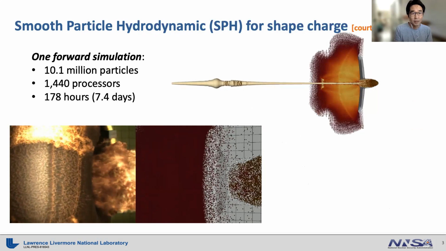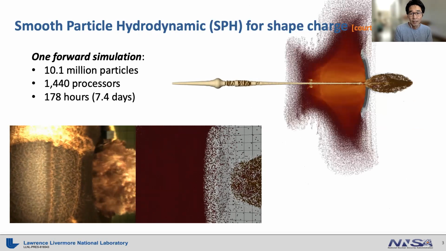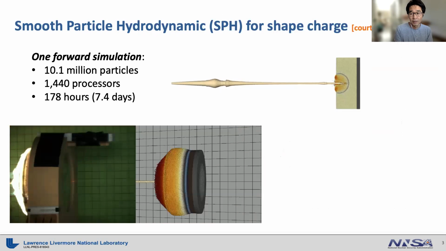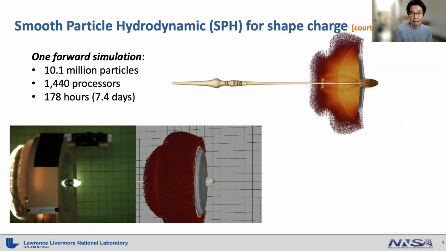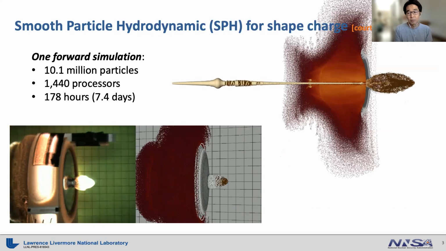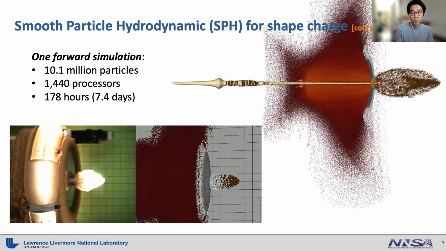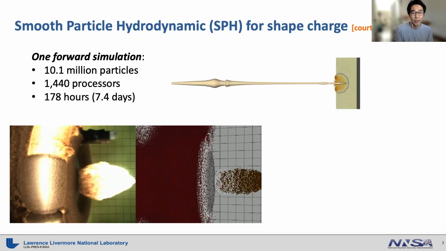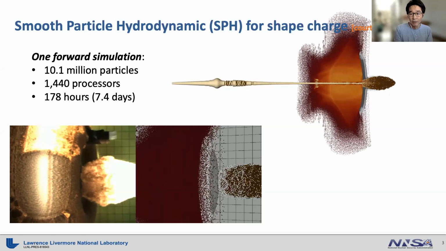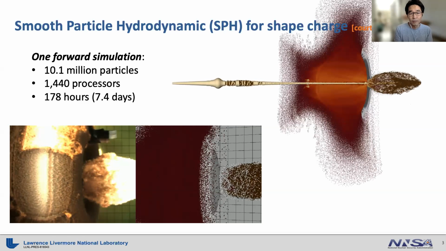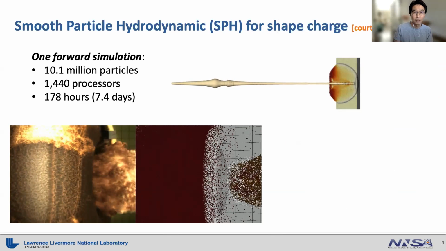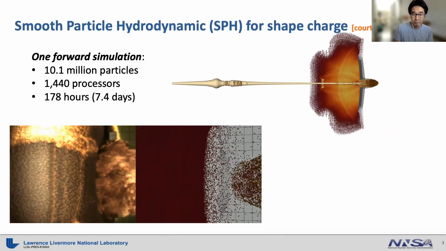One full-order simulation takes 7.4 days using high-performance computing facilities here at Lawrence Livermore National Lab. This is unfortunate in multi-query applications, such as design optimization, optimal control, and inverse problems, where you need to run these full-order simulations many times. Therefore, many have tried to build efficient surrogate models that accelerate these simulations without losing much accuracy.